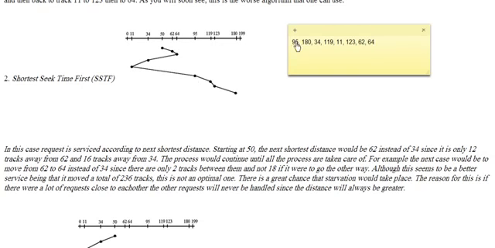We have 95, 180, and 119, so the nearest one is 95. From 95 we move to the nearest point, which is 123. From 123 we move on to 180, and so forth.